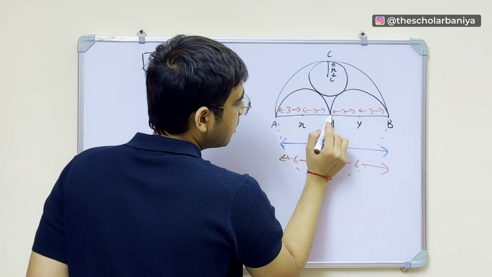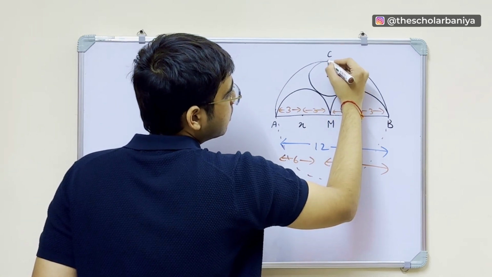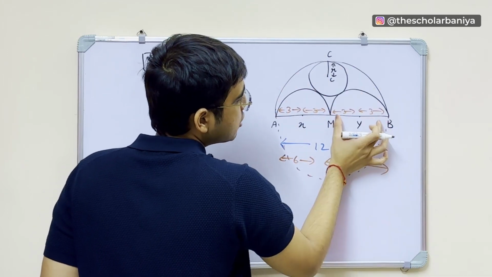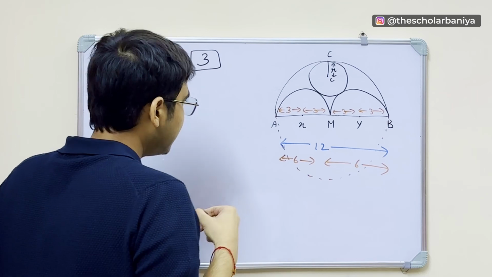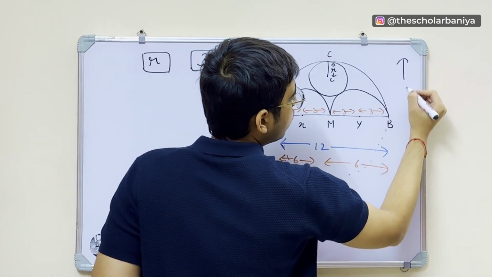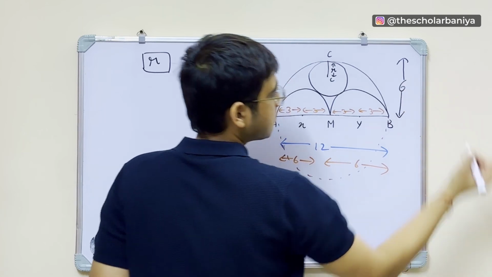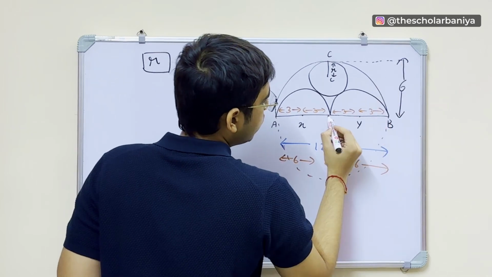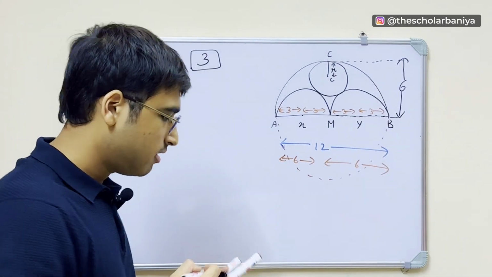If this is the center, then a line from here up till here is the radius of this circle, which will be 6, right? So from here to here is 6, and starting from this point to this point is also 6, right?